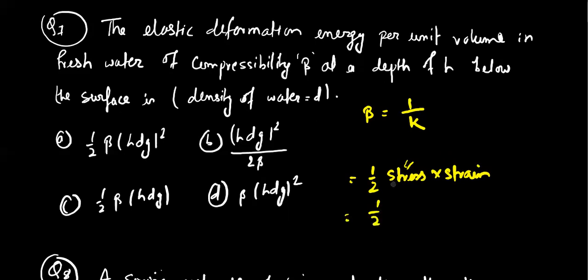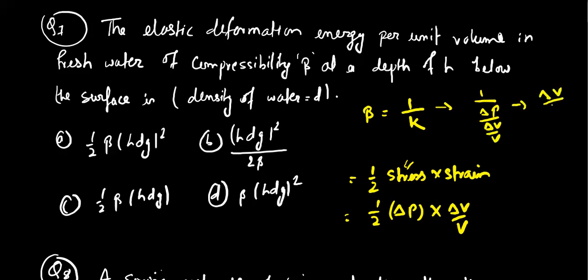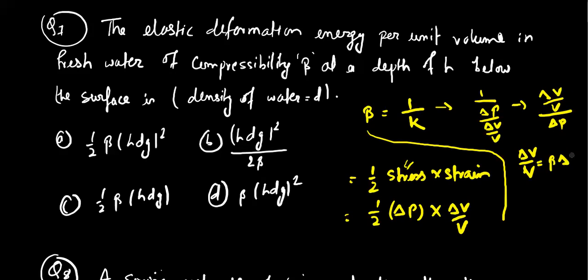So 1 by 2, and this can be written as del P and strain as del V by V. Well, from here we can write K as del P by (del V by V), so del V by V is equal to beta times del P, and now we are going to use this expression here.